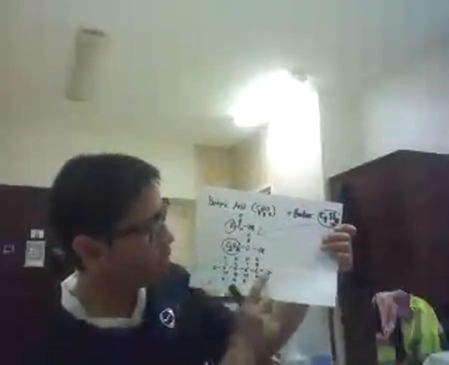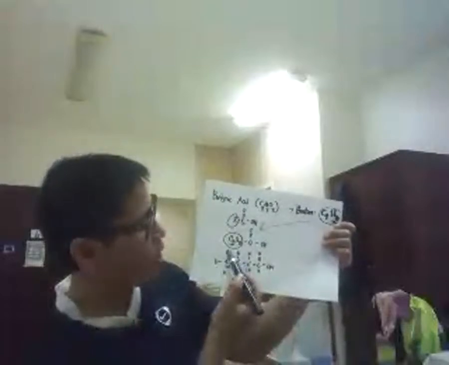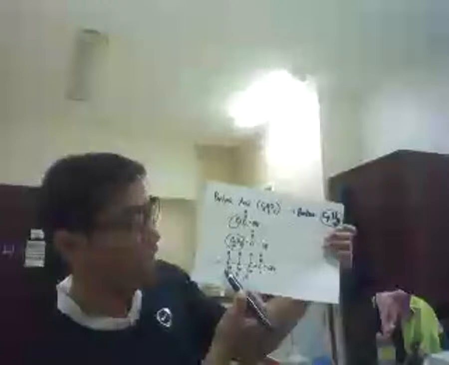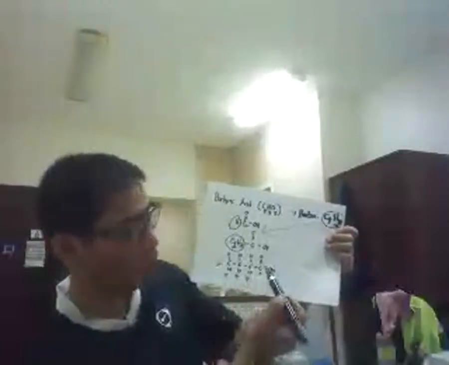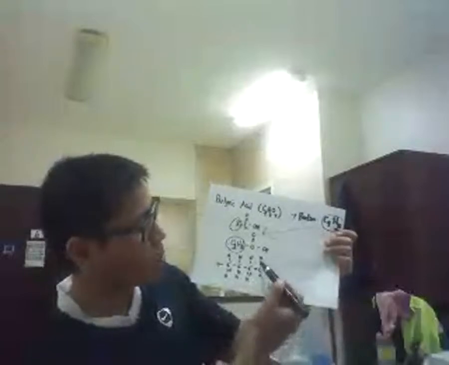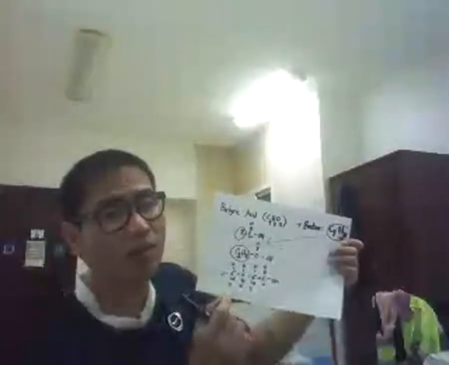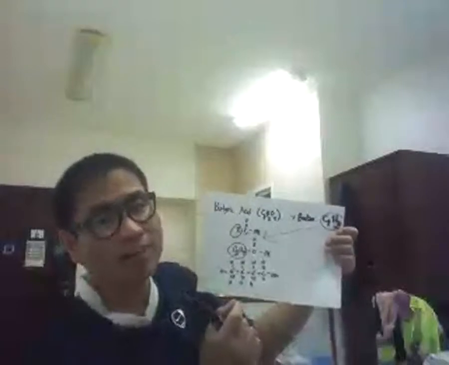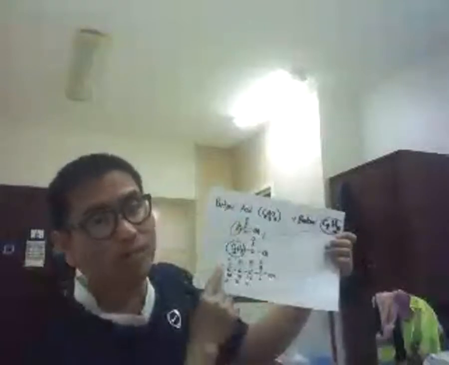Now we can simplify this one as CH3, CH2, CH2, and here COOH. If we put the general, simplified formula, we don't put the double bond already.